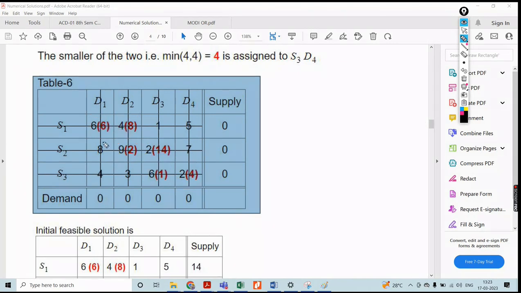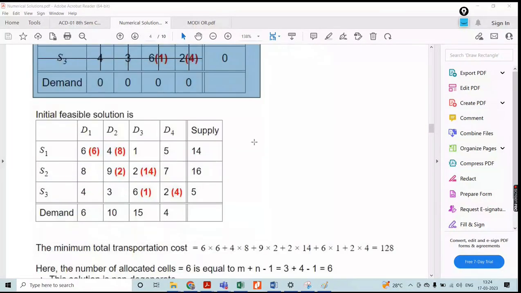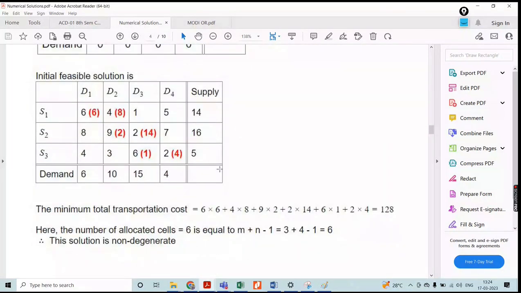Some have tried this, but it is incomplete. You have to practice, then only you can complete the solution. If not, you can't. Once you did this allocation, you have to rewrite the feasible solution table. 6 rupees, 6 quantities, 4 rupees, 8 quantities, 9 rupees, 2 quantities, 2 rupees, 14, 6 rupees, 1, then 2 rupees, 4.